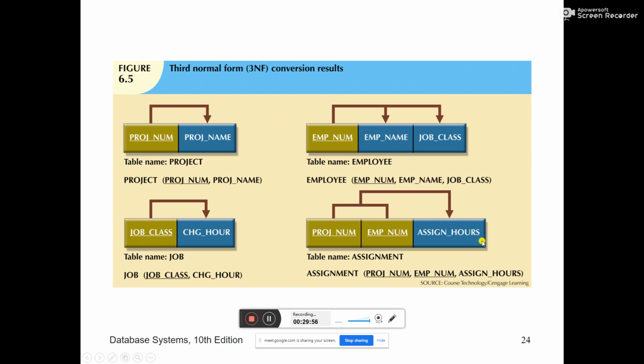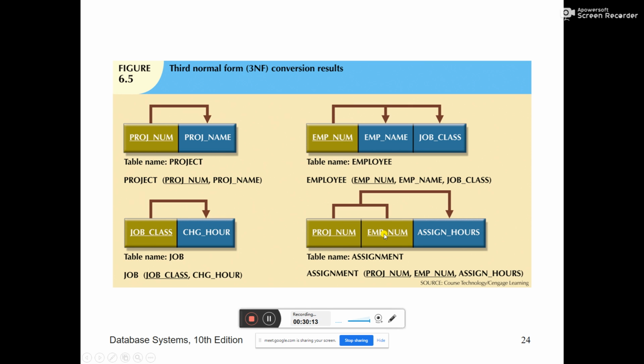Because if you want to add two records with the same project and same employee number for day 1, day 2, day 3, then project number and employee number will be repeated. So this is not a good primary key in that sense.